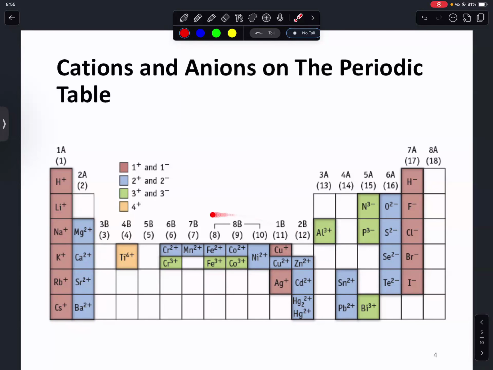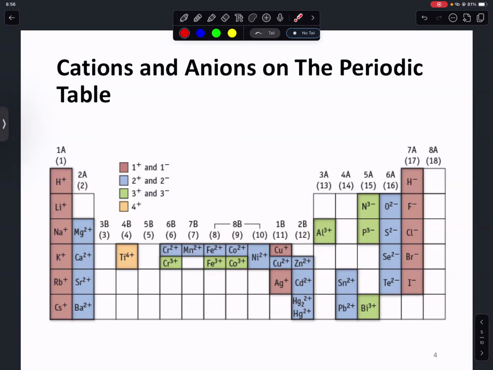And the transition metal ions right here, you can see that some metals like chromium, iron, cobalt tend to have ions that can form multiple charges. Now we will also learn about this later when we are naming ionic compounds.